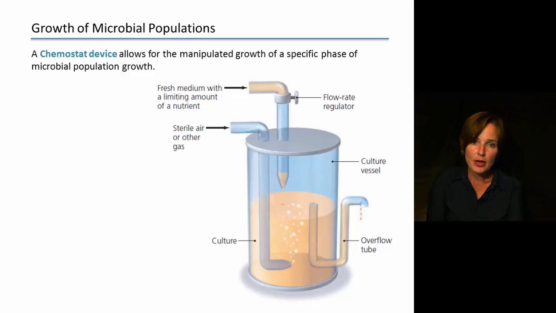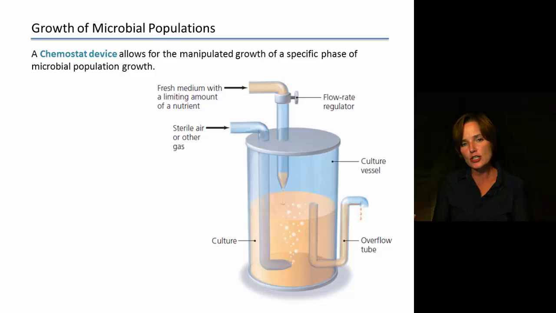A special type of device that we can use for populations is a Chemostat device. With this special device, we have a way of manipulating the growth of the microbes. And the reason that we can manipulate the growth is that there is kind of an intake valve where we can put fresh media in, and that would replenish any nutrients that have been depleted.